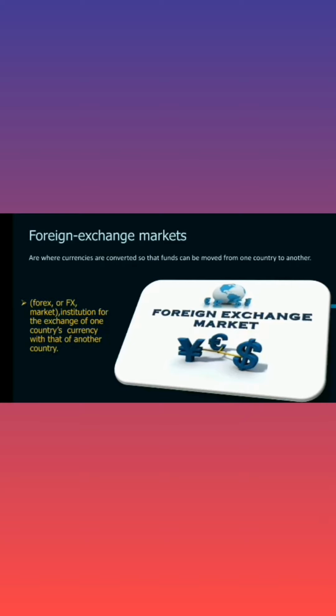So Forex or FX market, institution for the exchange of one country's currency with that of another country. Foreign exchange transactions can take place on the foreign exchange market, also known as the Forex market. The Forex market is the largest, most liquid market in the world, with trillions of dollars changing hands every day.